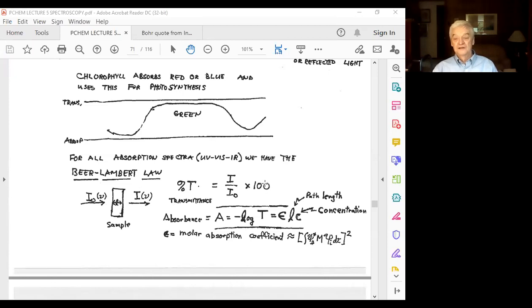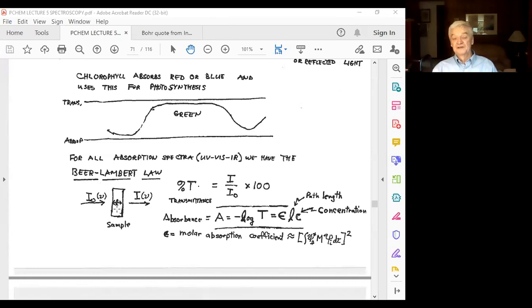When you make quantitative measurements, what you want is something called absorbance. And you can show the absorbance is equal to the negative logarithm of the transmittance. And you can further show that this absorbance is equal to something called the molar absorption coefficient times what basically is the number of molecules that you're looking at.